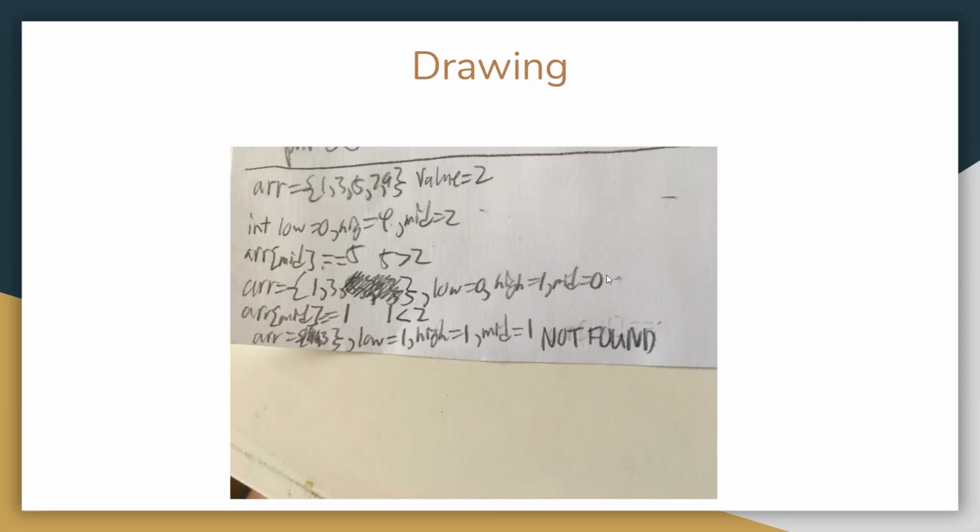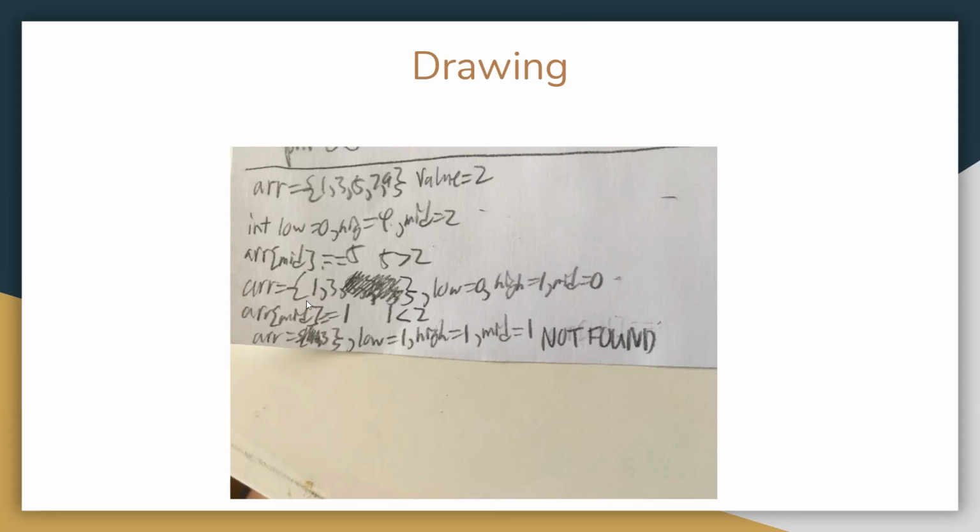Mid, we have to reset again. 1 plus 0 is 1, divided by 2. Remember that we're doing integer division, so it's not going to come out with a decimal number. It cuts off the decimal part. In reality it'd be 0.5, but since we're cutting off the decimal part, it's only 0.